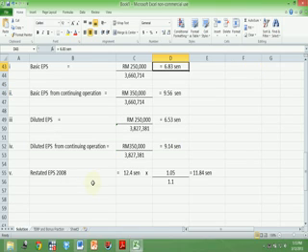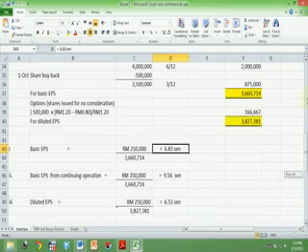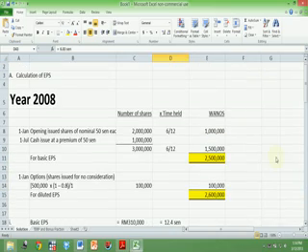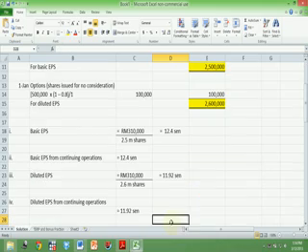Then the question requires us to restate the EPS for 2008. So the EPS for 2008 is 12.4 cents. Okay, how to restate?